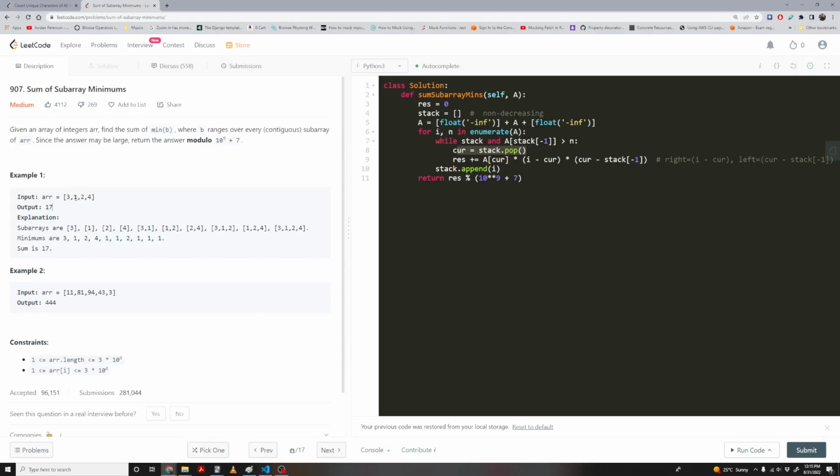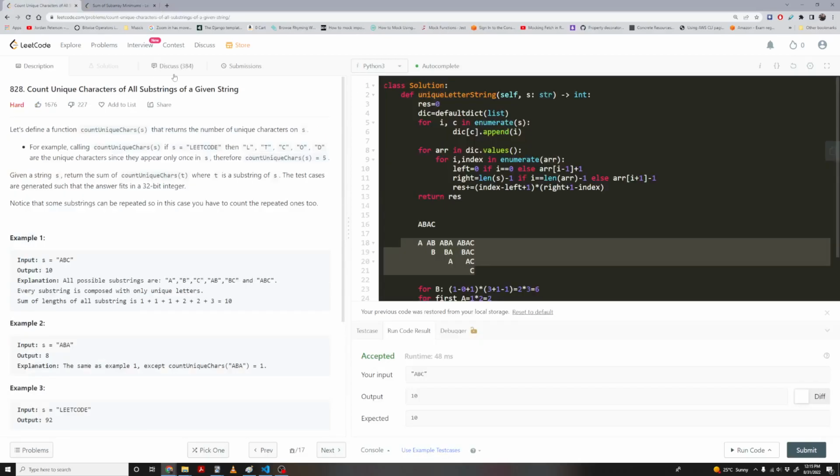The idea was, let's say here one: we are going to say one is the minimum for how many subarrays, and then we do the add up. Then we see 2 is the minimum for how many subarrays, and we do that here. I have another video for that one.